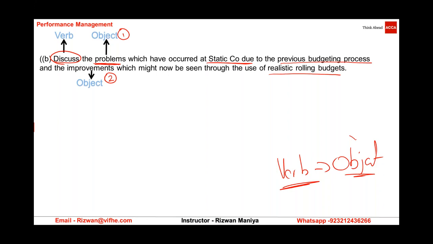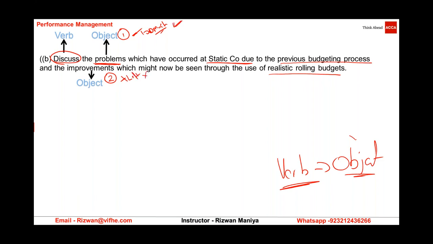Let me clearly tell you, if you do not answer both the objects, you will never be given marks for that. If you spend too much time on this and you leave out this part, you will just be awarded for this area and not for this area.